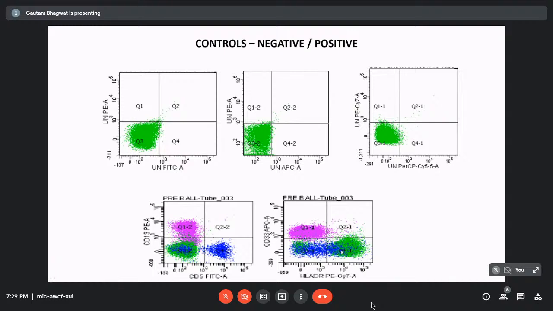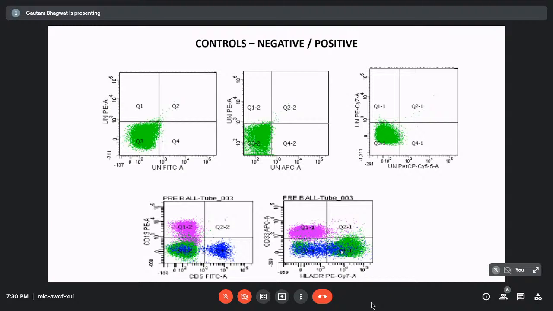Now this color coding is again not specific, there are no such guidelines for this color coding, but I would suggest keeping the color codes the same for the same kind of cell in your lab so that there is less confusion. What we usually follow is a green or red color for the cells of interest, a blue color for the lymphocytes, a purplish color for the myeloids, a maroonish color for the monocytes.